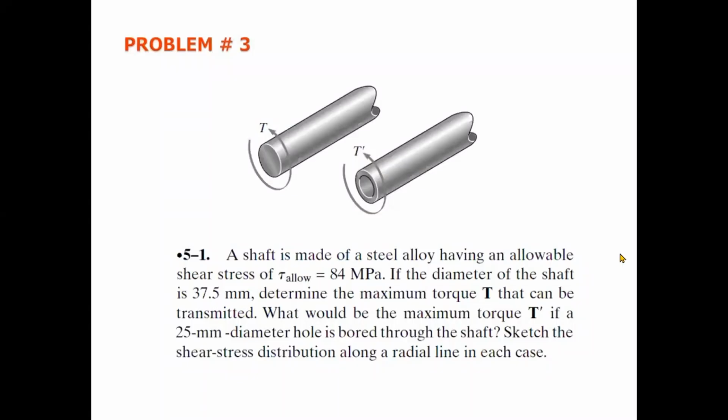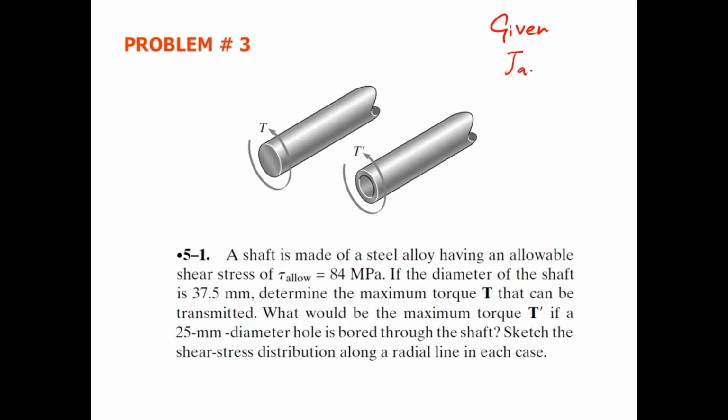So start with problem number 3. A shaft is made of steel alloy having an allowable shear stress of tau allowable 84 megapascal. If the diameter of the shaft is 37.5 mm, determine the maximum torque T that can be transferred. First of all, we have to make our data, what is given.